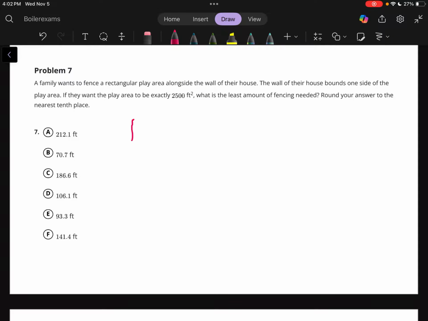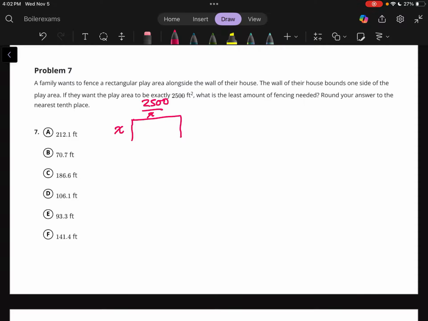First let's draw a picture. This is kind of what the fence looks like. If we say one side is x, in order for the area to be 2,500 feet squared, the length of the other side must be 2,500 divided by x.